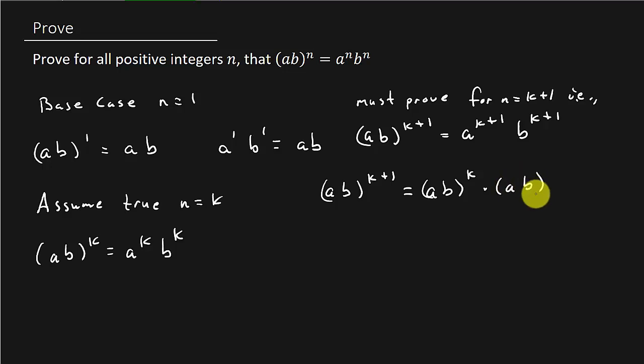Remember, whenever you're multiplying like bases, if you have a to the m times a to the n, that's a to the m plus n. And that's all I did. So I can write (ab) to the k plus 1 as (ab) to the k times (ab) to the first power. Okay. All right.